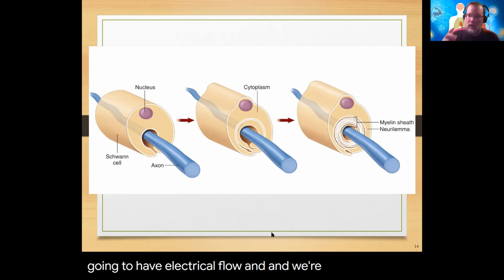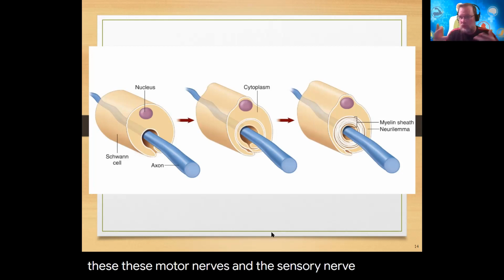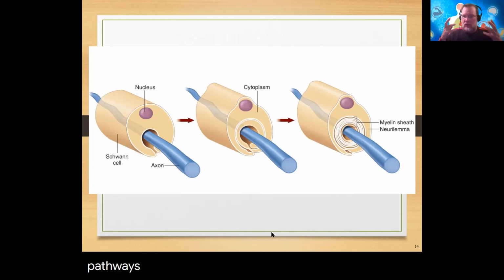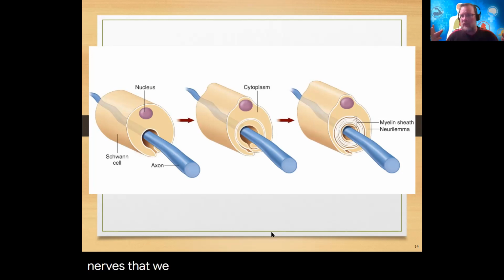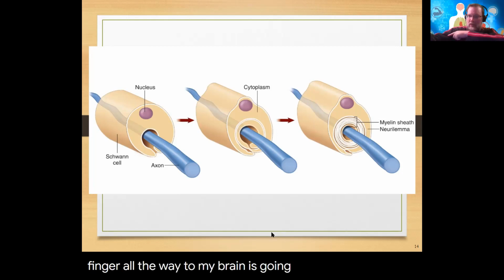We're talking about motor nerves and sensory nerves, both pathways embedded and ingrained within the spinal cord and brain for forever. The sensory pathway from the tip of my finger all the way to my brain is going to be the same path.